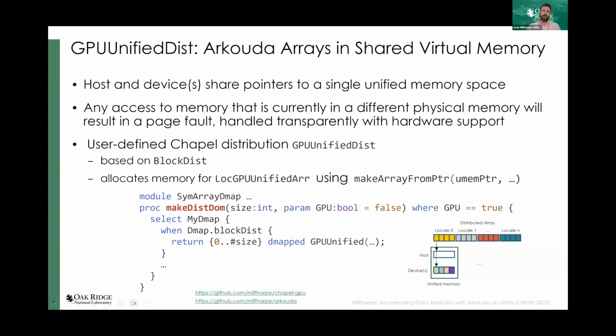And we modified Arkouda's SimArrayDmap class so that if we're using GPU memory for an Arkouda array, that's going to be allocated in unified memory. And so this tiny little diagram on the side here is basically showing we can now create Chapel distributed arrays, domain mapped using our GPUUnifiedDist. And what that means is the pointers to elements of our array are going to be in unified memory. So they may be physically stored on the host or the device, but our page migration engine is going to handle moving the data to where they need to be.